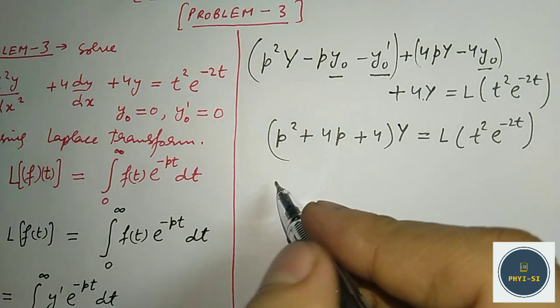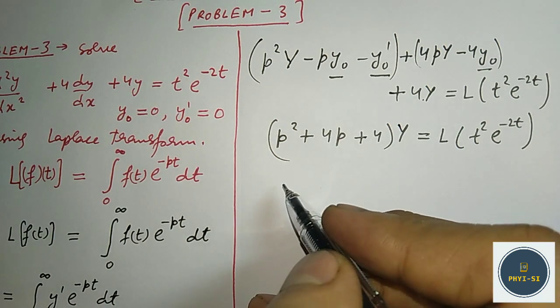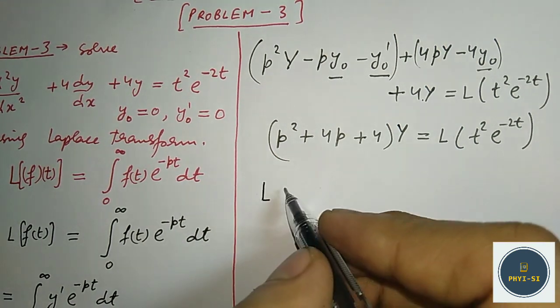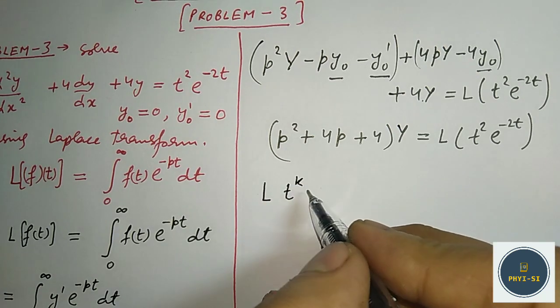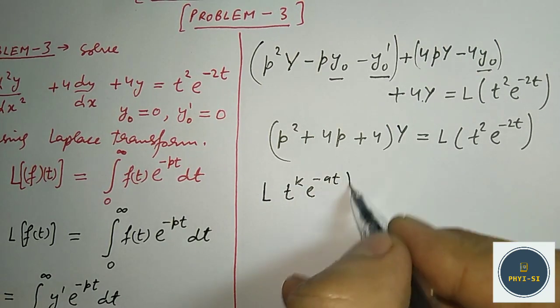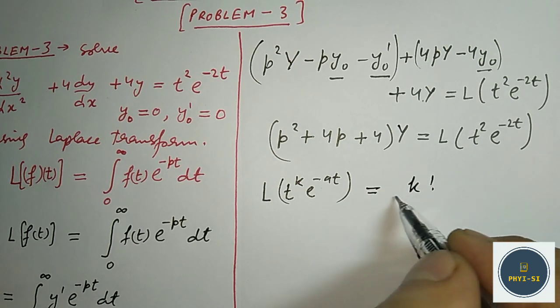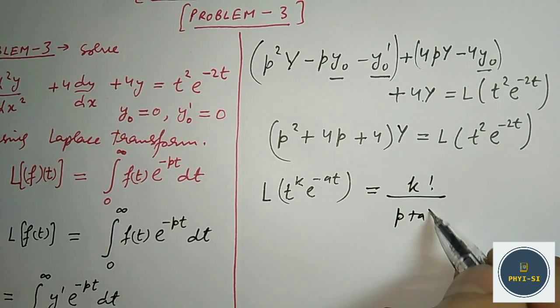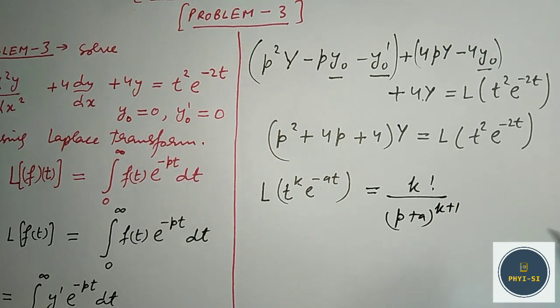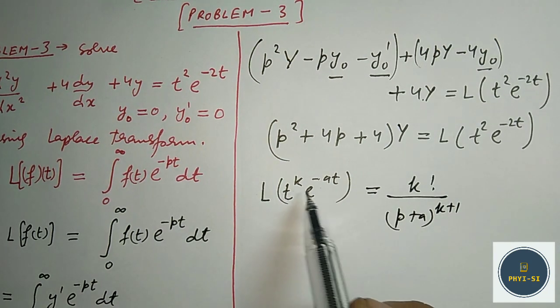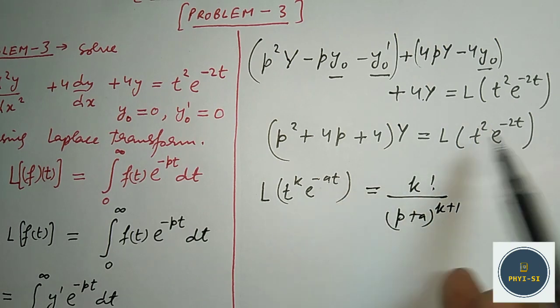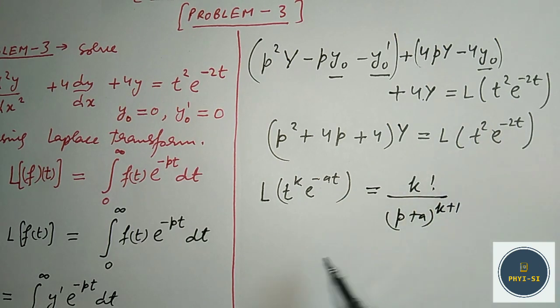So I am using a direct formula, which is the Laplace transform of this function is equal to k factorial over p plus a raised to power k plus 1. This is the Laplace transform. Here we have k is equal to 2 and a is also equal to 2.